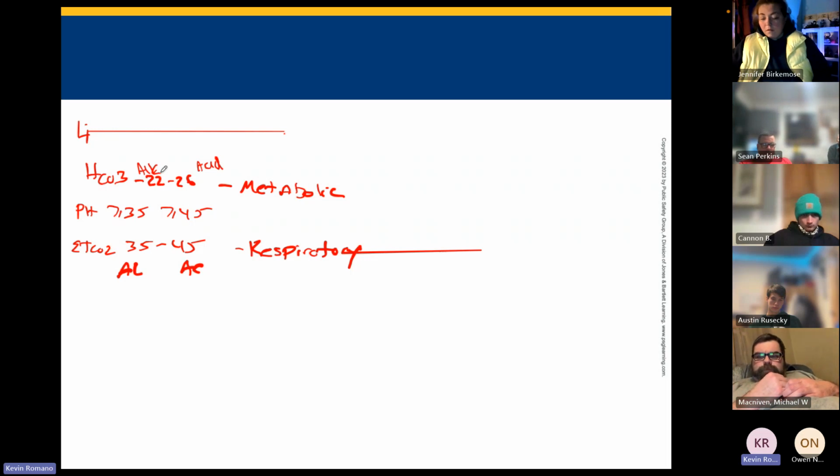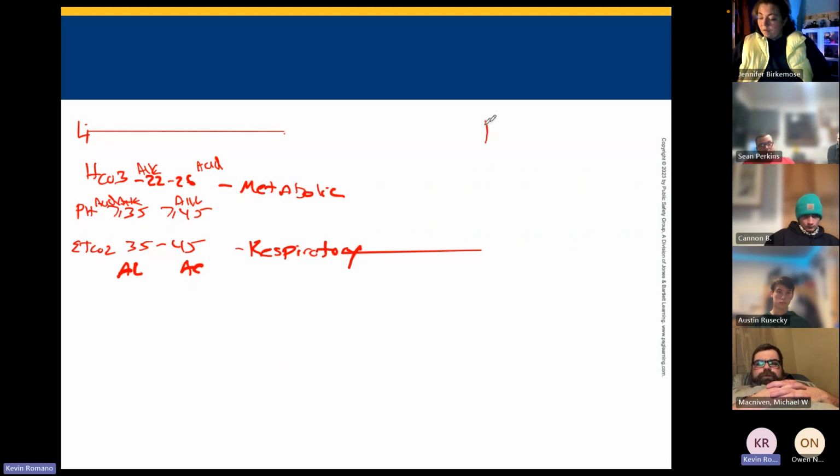Anything lower than 7.35 is acid. Anything above 7.45 is alkalotic, okay? You guys got that so far?